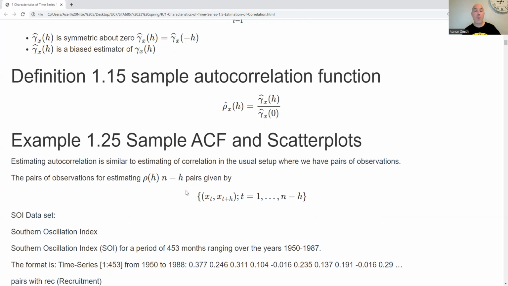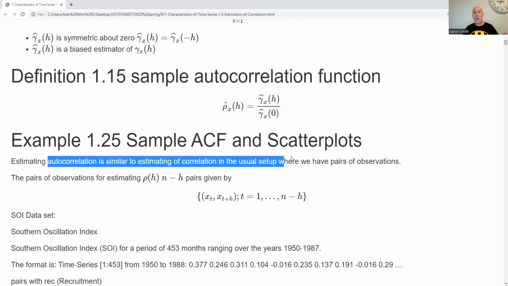All right, so now let's go ahead and do a sample autocovariance function and the scatter plots. Estimating the autocorrelation is similar to estimating correlation in any other situation. It's just that now, with time series, I have to potentially consider the correlation of a time series with itself at any other lag time point.